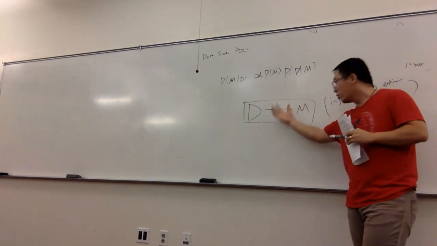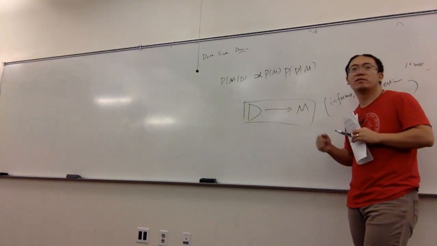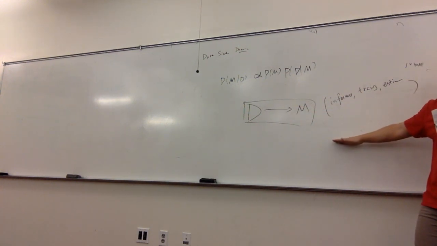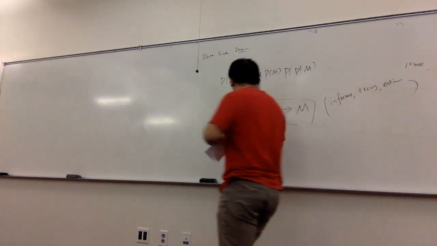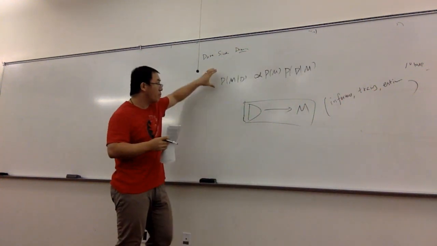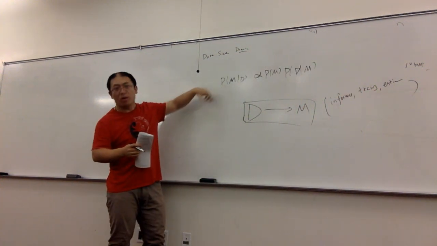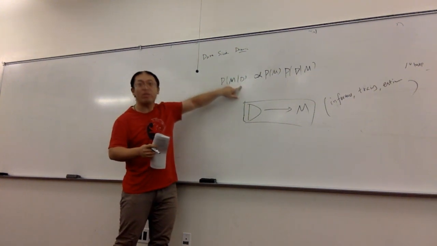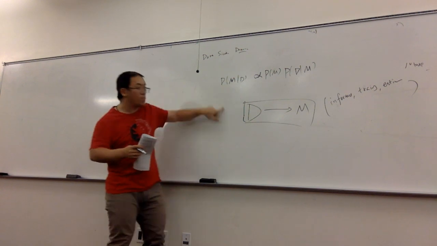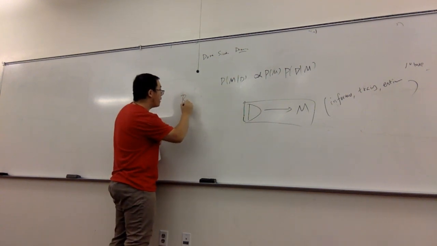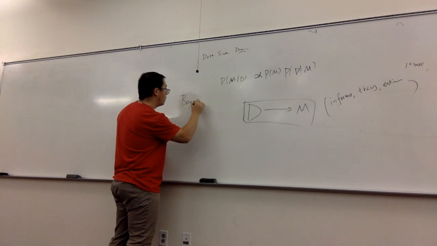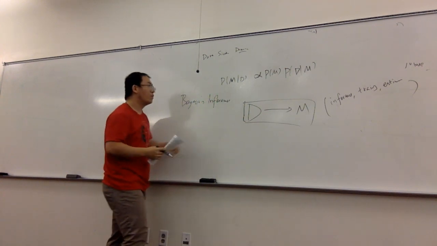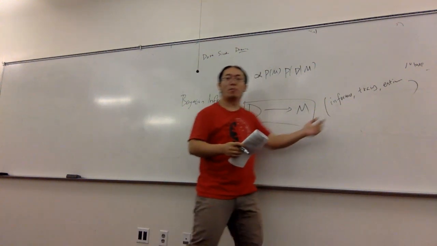Basically, how can you recover some hidden patterns from the observed data? There could be many ways of doing this. If we want to do this by computing the posterior probabilities, that is the conditional probability of the model M given observed data D, this method is called Bayesian inference, because it follows the Bayes rule.